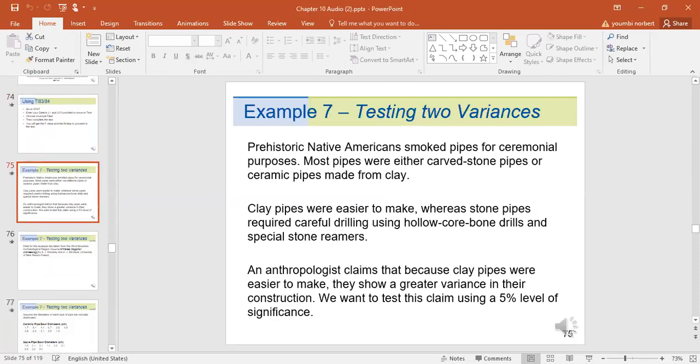Let's read the example. Can somebody help me to read? Thank you.